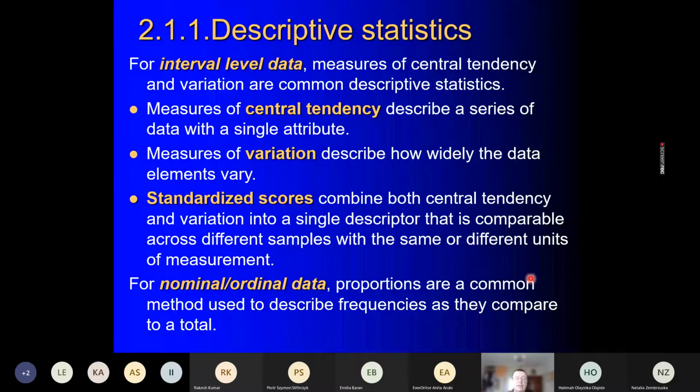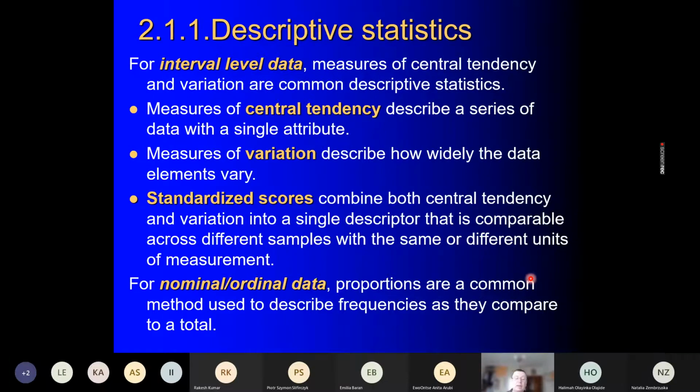Central tendency gives a single value assessment for our data sample, and variation describes how widely data elements vary from a given central tendency. Some standardized scores combine both central tendency and variation into a single description comparable across different samples with different units of measure.